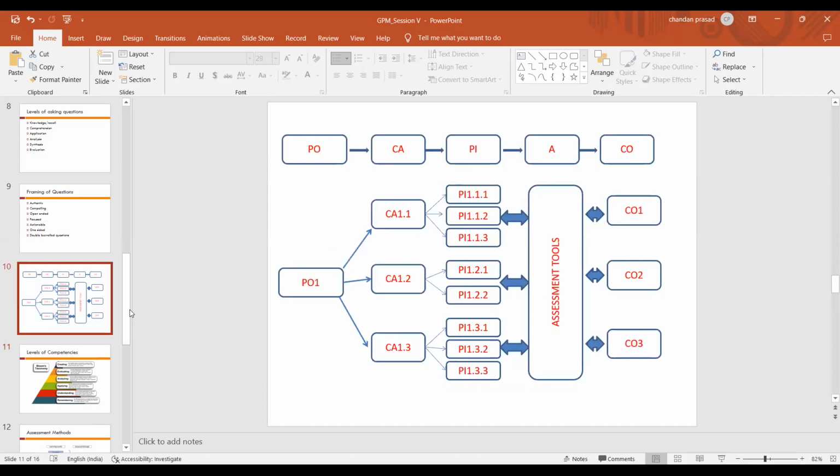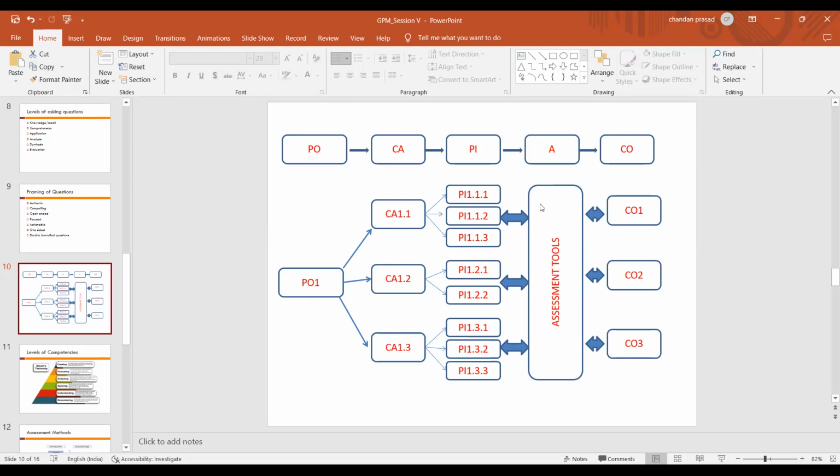Observe this clearly: the program outcome, the MBA program outcome, has to be mapped with the core competencies, attainment, performance indicators, assessments, and course outcomes. So you have a program outcome categorized into 3 competencies, and each competency has a particular indicator to be achieved.